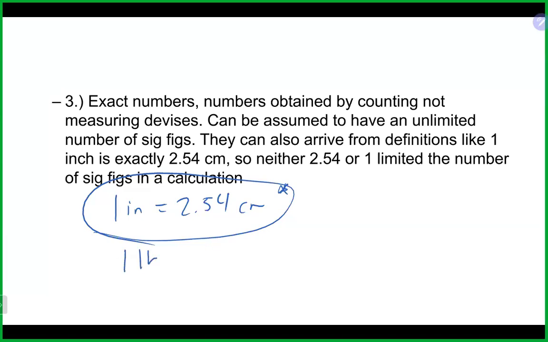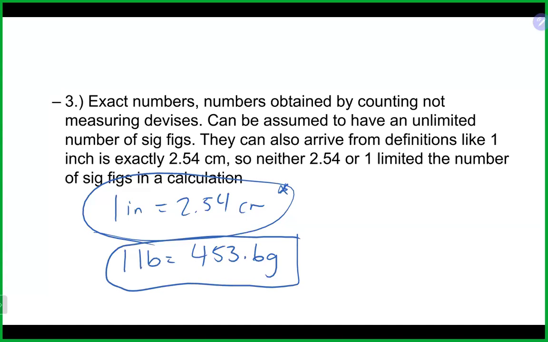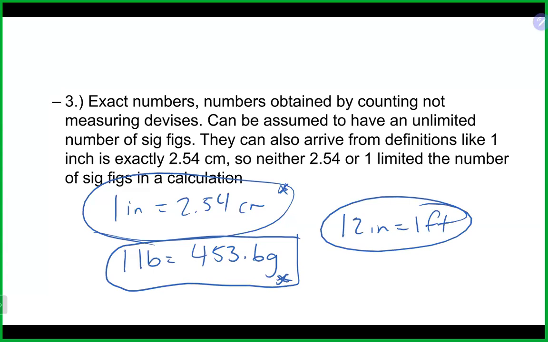In 1 pound, there's 453.6 grams. That's also an exact calculation. 12 inches is 1 foot, right? You should know that one as well. These are all definitions, and they're considered exact numbers.